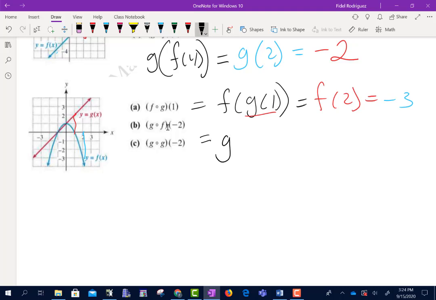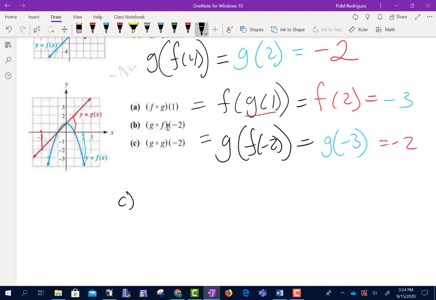Part B says we're going to find g of f of negative 2. So at negative 2, the y value happens to be negative 3. Okay. And at negative 3, my y value here happens to be negative 2. Okay.